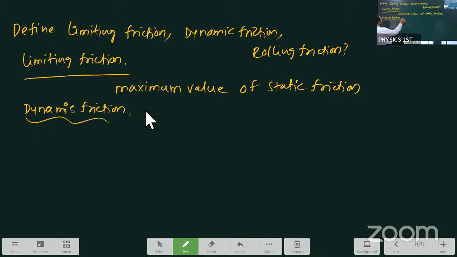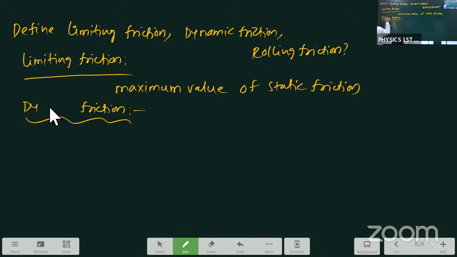Now see, student, dynamic friction: resistance offered, resistance encountered, resistance acting, resistance present, any word, no problem. Resistance acting or encountered by the moving body. A moving body applies some friction on the surface. That is nothing but dynamic. What is the meaning of dynamic? Body under motion.